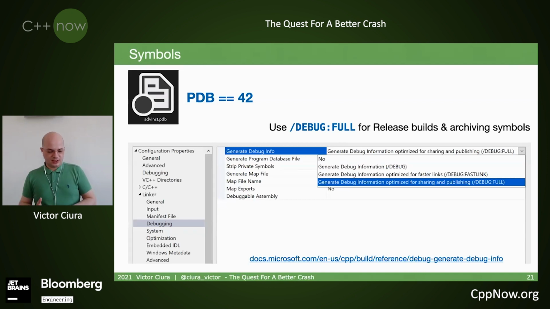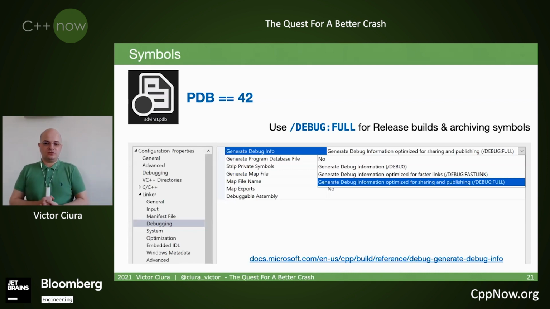So there is a tool in the SDK that you can use to consolidate all those incremental PDBs and build the full PDB from them. But I think it's a hassle. And in the latest versions of Visual Studio, building a full PDB database has gotten much faster. So the need for debug fast link, in my opinion, is not really necessary anymore.